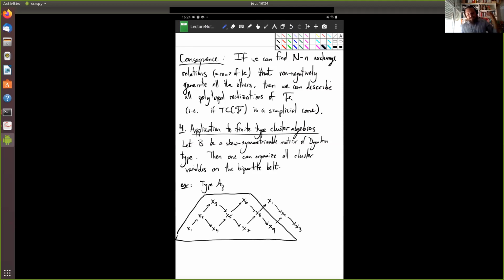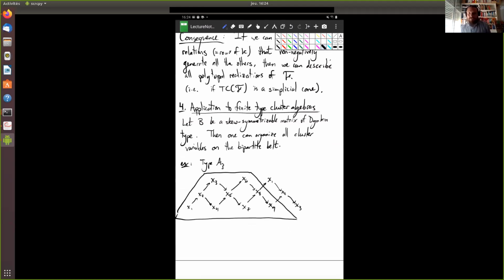And whenever you perform such a sink-source mutation, you have a very nice relation for the G vectors. So all of these meshes are exchange relations. So let's say this is a mesh relation corresponding to the variable x5. This is a mesh relation corresponding to the variable x6, and so on, x8. So you get mesh exchange relations, one for each cluster variable x.